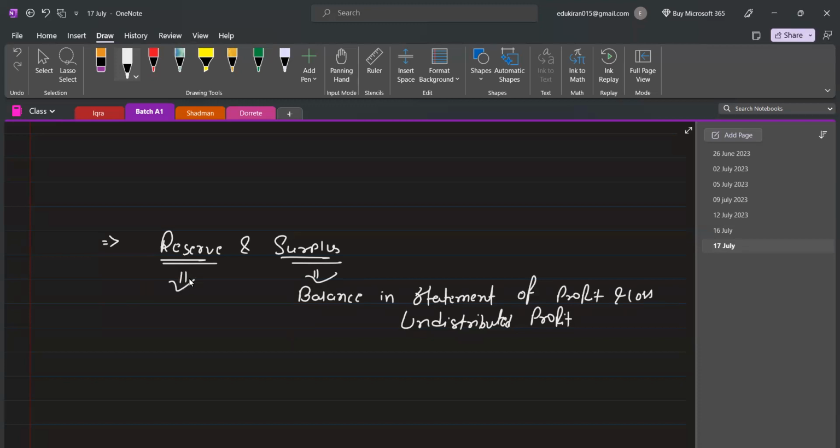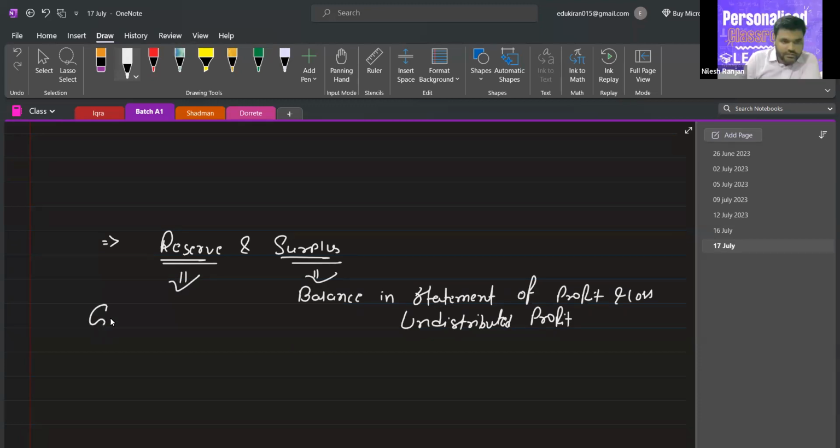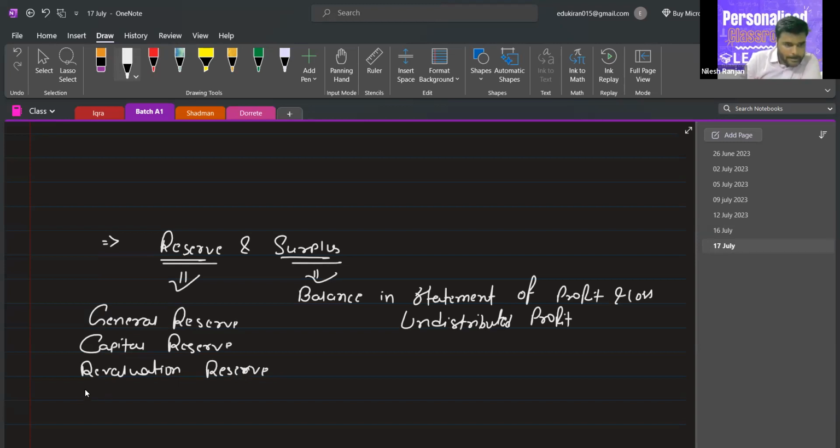And when we say reserves, then we can include general reserve, capital reserve, revaluation reserve, capital redemption reserve.